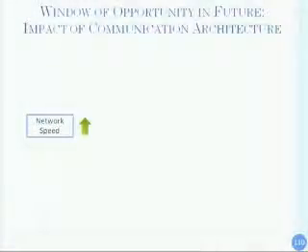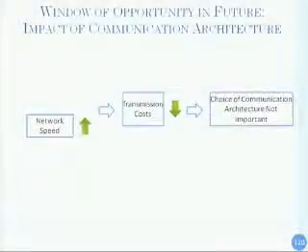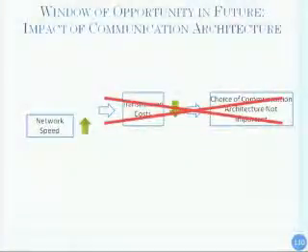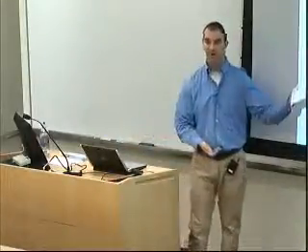What about communication architecture? I mean, network speeds are going up. Therefore, transmission costs are going down. Choice of communication architecture will not matter. Okay? I don't think that's the case either. In particular, the transmission costs are going to go up because that demand for more complex applications comes back. If you think of, for example, telepresence applications coming up, we want HD video now of the other people, and that's going to require a lot of bandwidth.